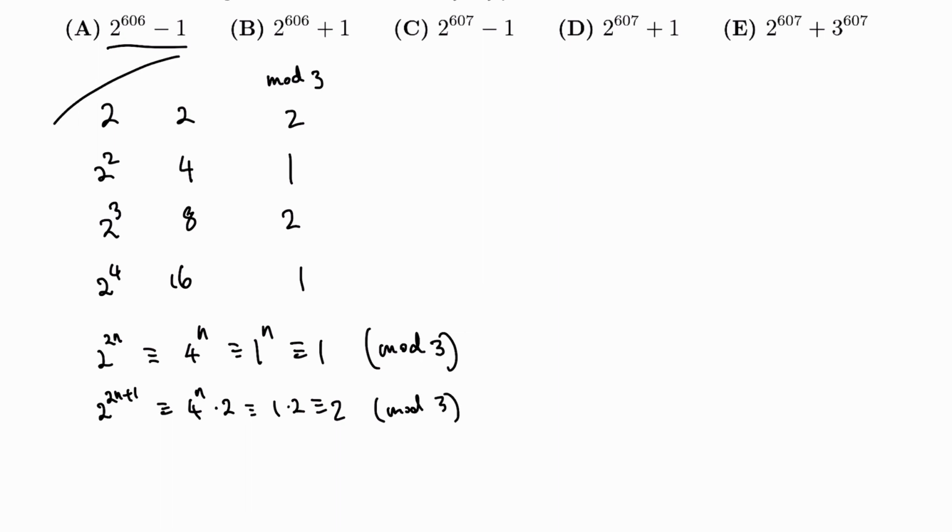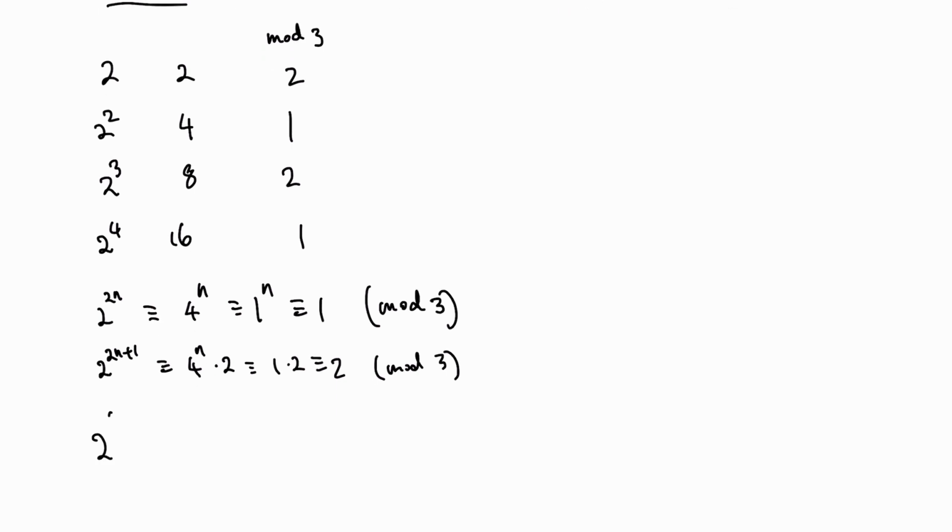So overall, this pattern persists, which means that if we have 2 to the 606th power minus 1, that is equal to 1 minus 1, which is 0 mod 3.